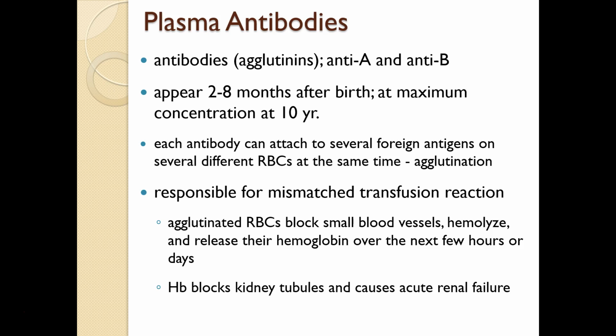So you'll see as you go through the slides here that the antibodies appear 2 to 8 months after birth. So early in life we get those antibodies against the antigens we don't have. And the RH antibodies are not automatic.